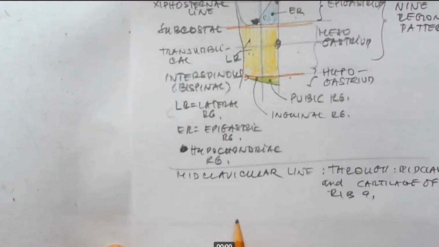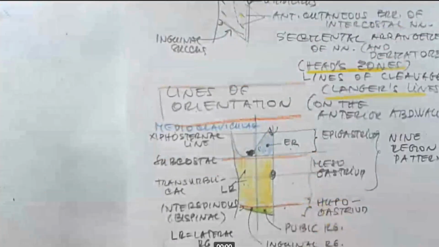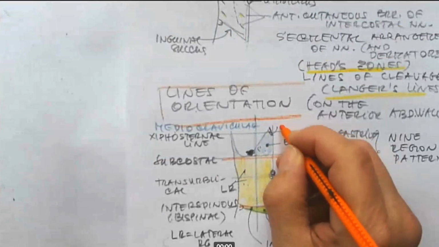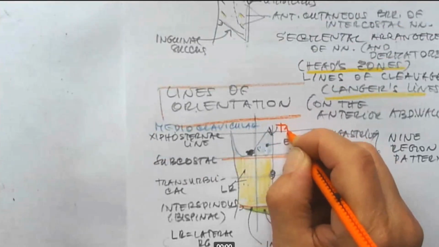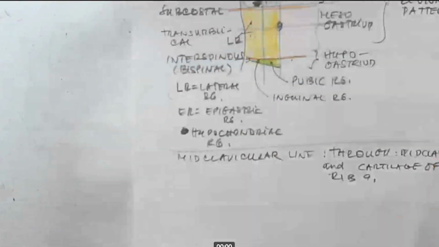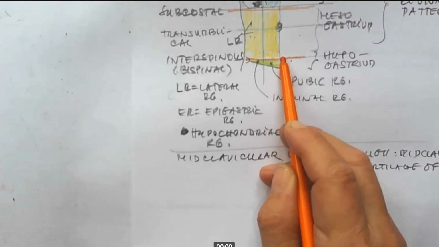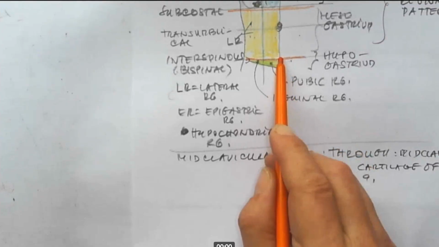Concerning the other projections, no need to put them as a special term. We can add here that the xiphoid process lies at the level T10, right? This is T10. Then the promontory also is projected to the interspinous line.